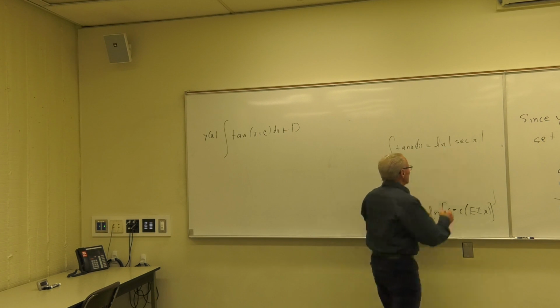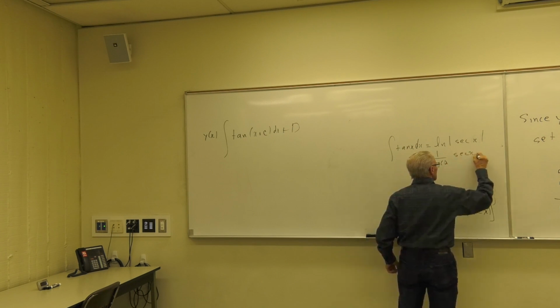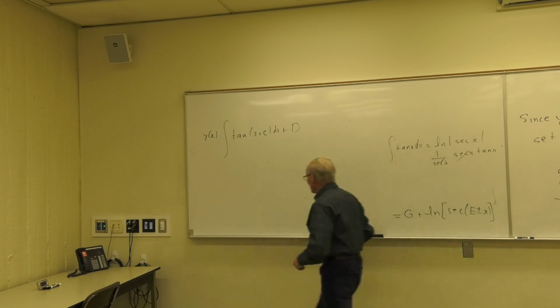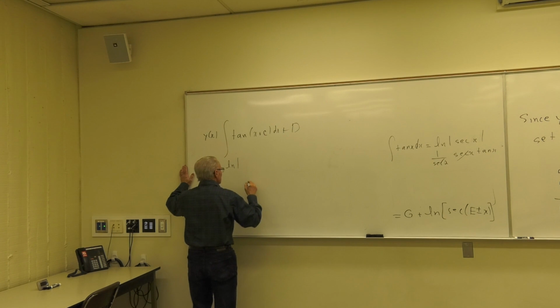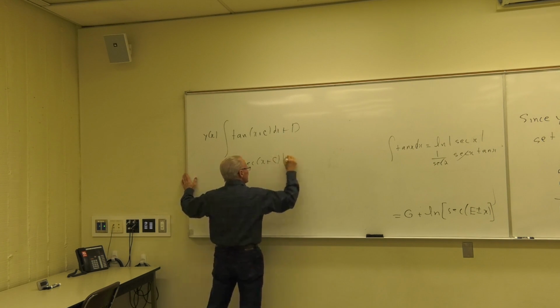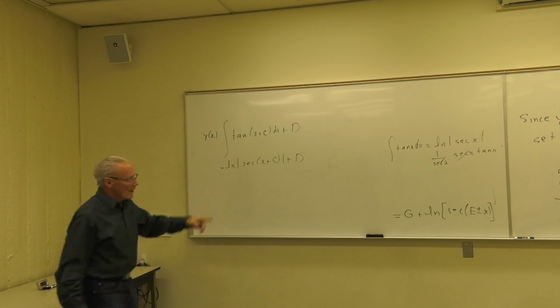If you differentiate that, you get 1 over sec, and the derivative of sec is sec tan. Oh, that's right. So what's this one then? The logarithm of the absolute value of the secant of x plus c, plus d. Is that what we got down there?